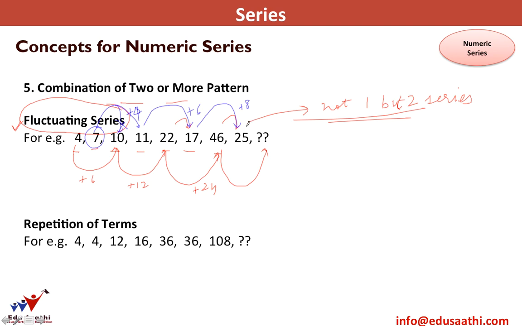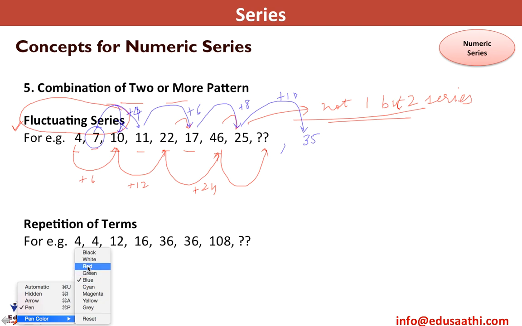So what the question would be, that answer the next two numbers in this series. So the second number will come through this series in blue. So I have added 8. 25 plus 10, the next number here would be 35. As I'm adding 4, 6, 8, and then this would be plus 10. Similarly, the first series, I changed the color to red again, would be 6, 12, 24.